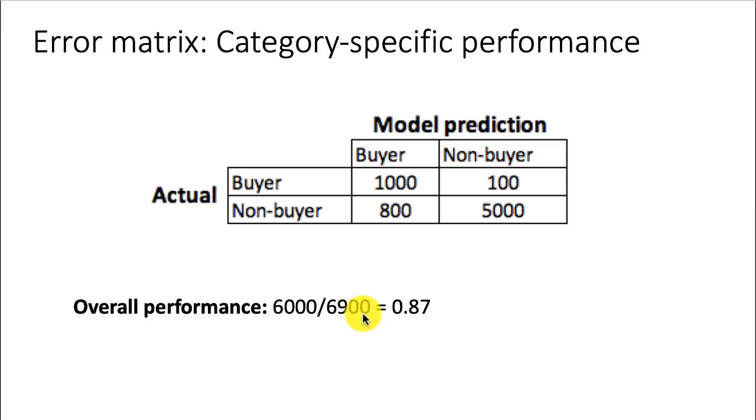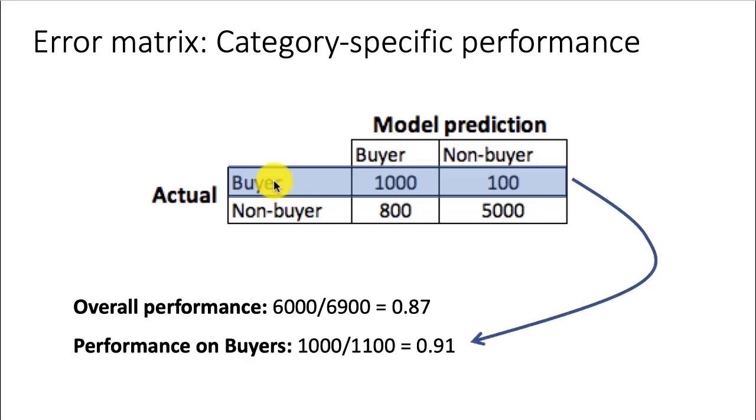Okay, so we know the overall performance is 6,000 divided by 6,900, or 87%. But looking at the performance on buyers, it is 1,000 correct out of 1,100 total, which is about 91%.